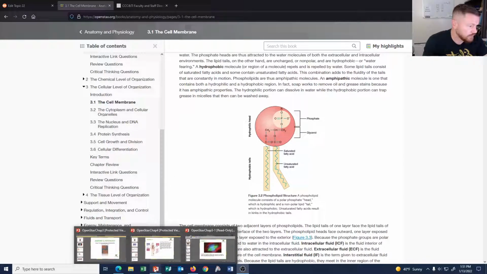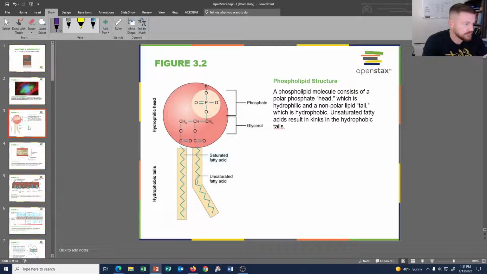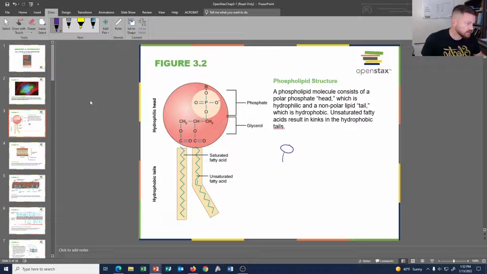And so what you end up with is, maybe I should draw this out for you first. Make sure my pen is on. If I have a phospholipid that looks like this, and obviously I'm an excellent drawer, because this is in a cell, you're going to have water everywhere, right?